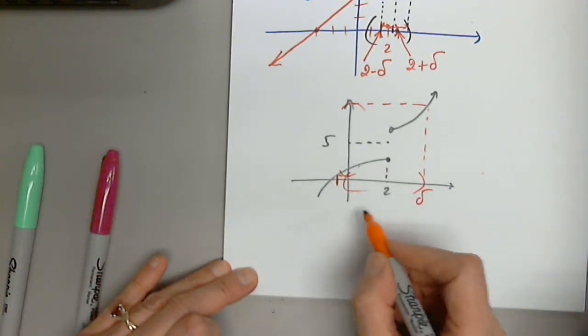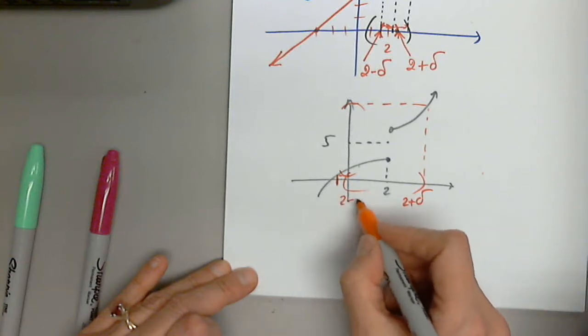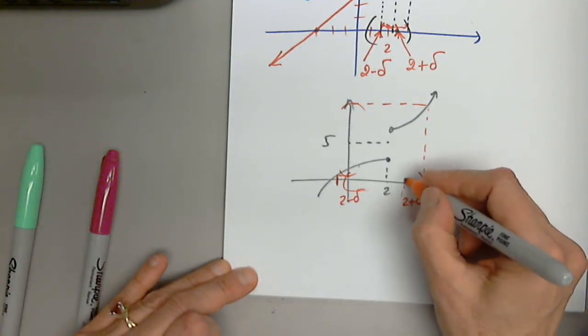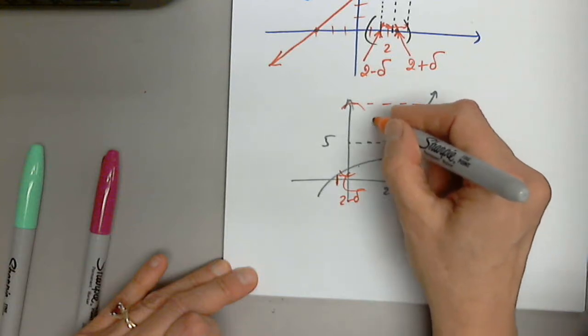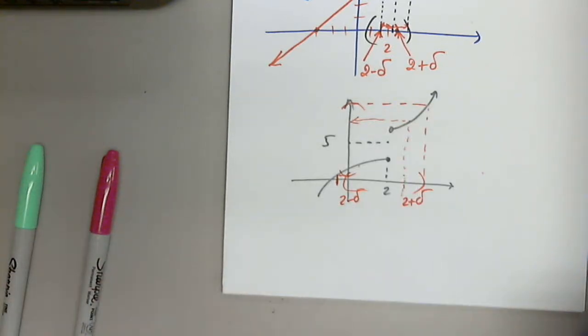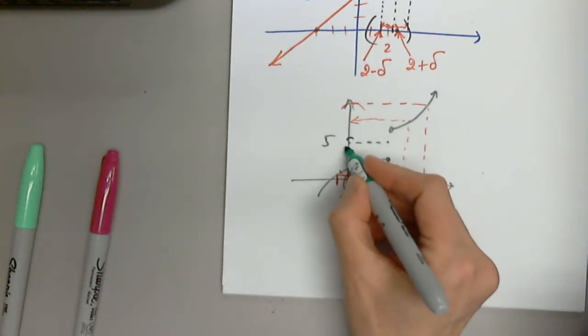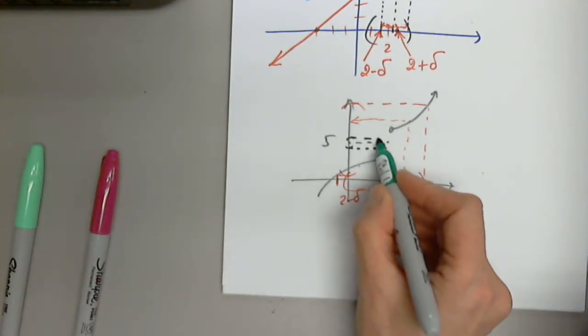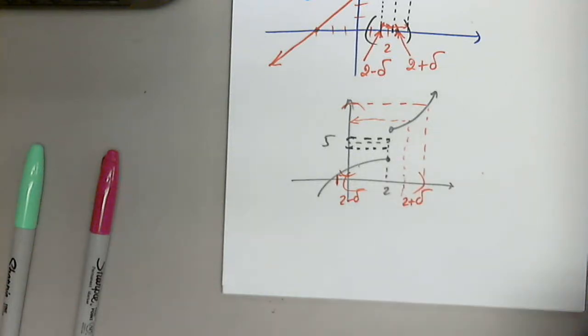You can always find a delta. 2 plus delta, 2 minus delta. You can always find it, and then when you pick an x, they will be within epsilon away from 5. Right? The limit exists. Not so fast. The key is the words for any. Does this limit exist for any epsilon? No. Here's the problem. If I choose this epsilon, I will never be able to find an interval around 2.